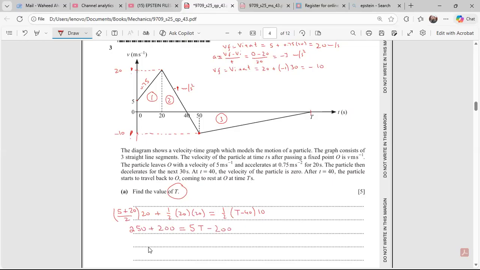So 5T is equal to 250 plus 200, which is 450, plus 200. So this is 650, divided by 5. So T is equal to 650 divided by 5.